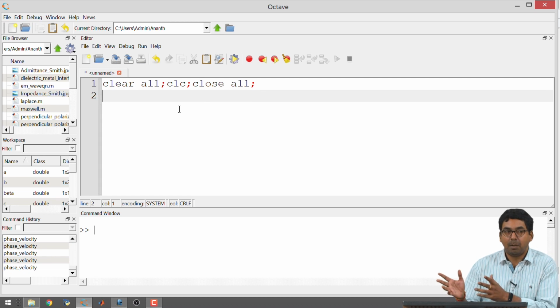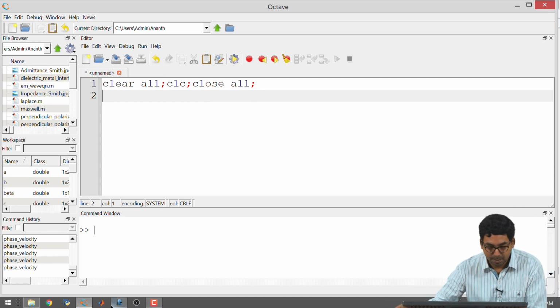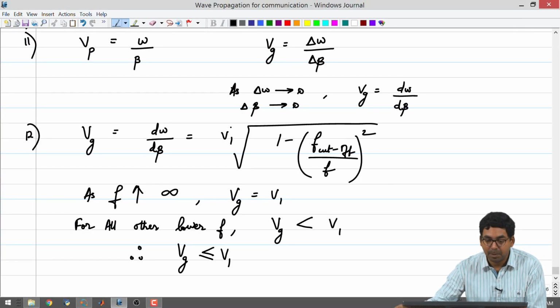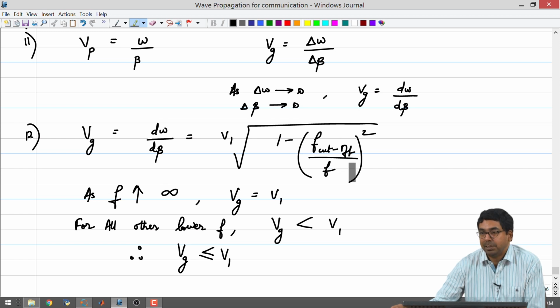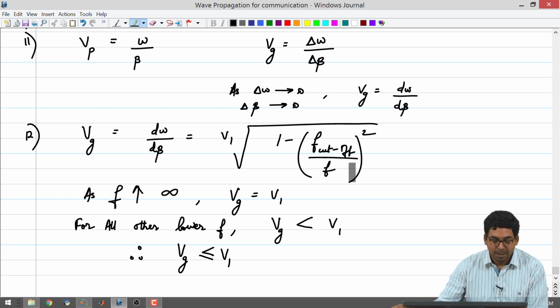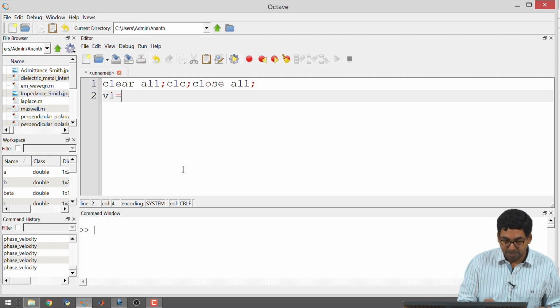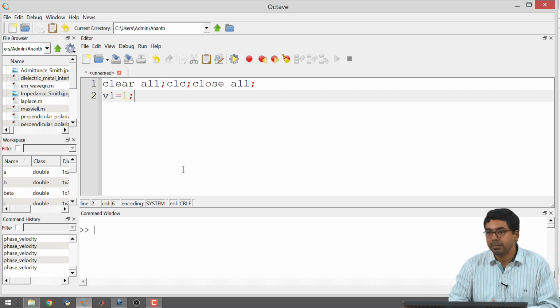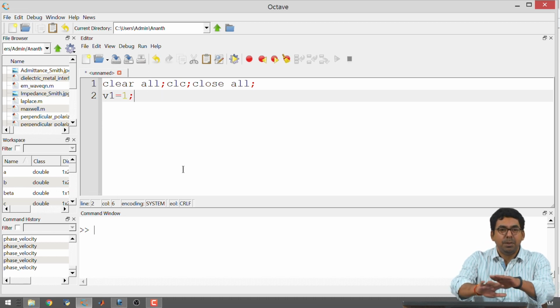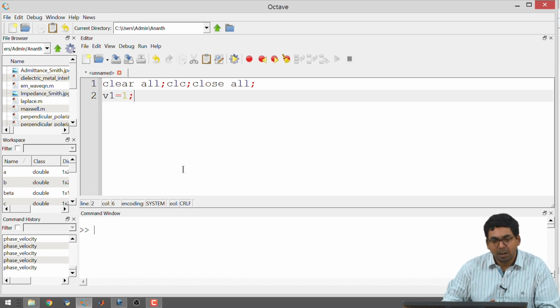I have the formula which says that I need to be able to define V1 for both phase velocity and group velocity. I also need the values of f cutoff and f, that is all. Okay. So, I will go ahead and assume V1 to be equal to 1, vacuum, all right. So, in some relative terms I am using some medium, so speed is 1 over there, right.